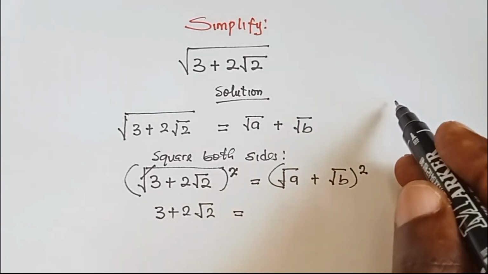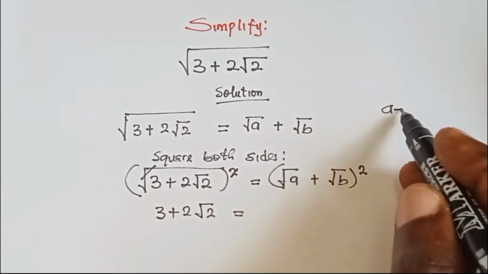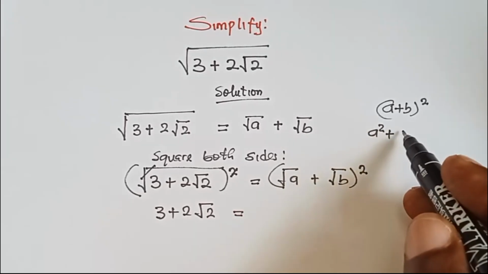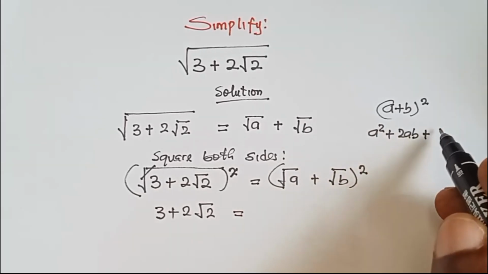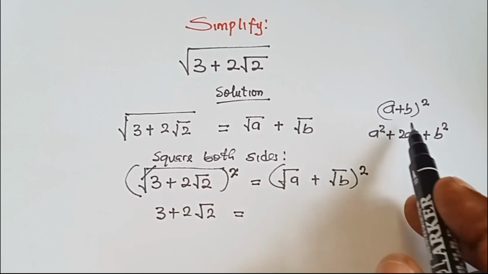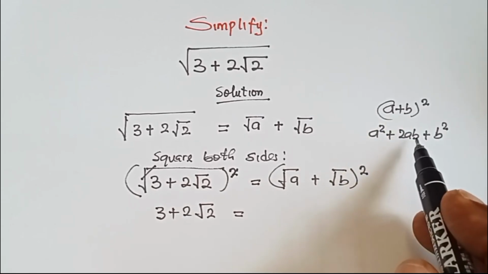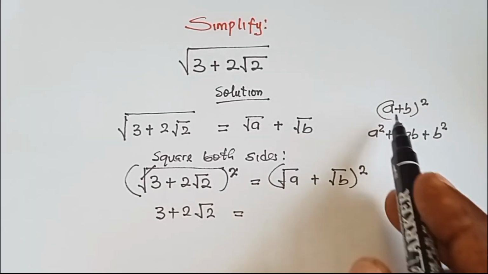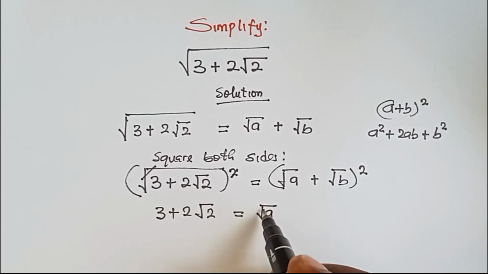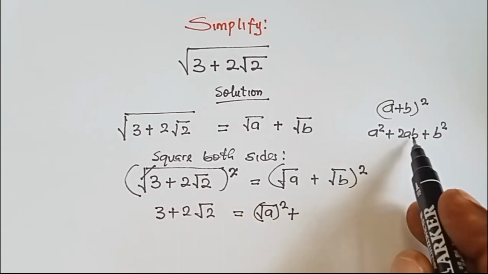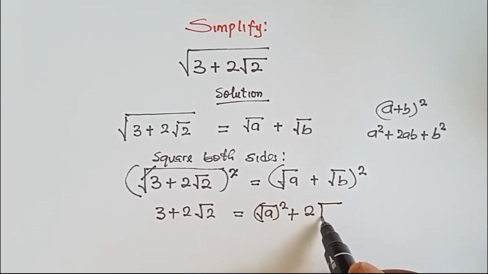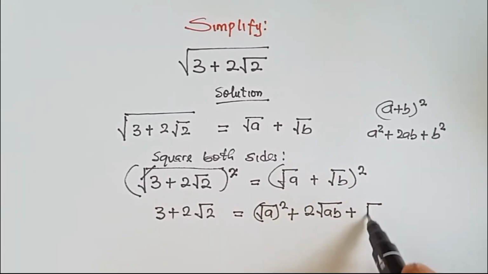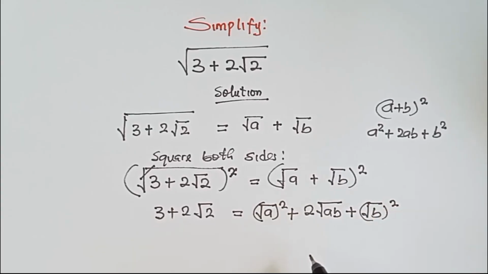There's a general formula that says (a plus b) squared turns to a squared plus 2ab plus b squared. So we can apply that here as well. Here, root a represents a, and that gives root a squared plus 2 root ab plus root b squared.